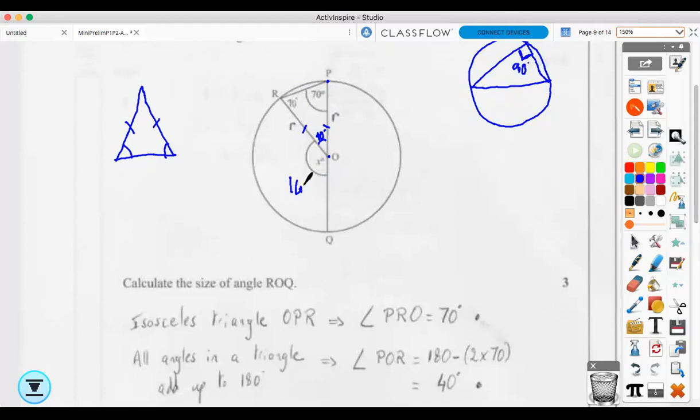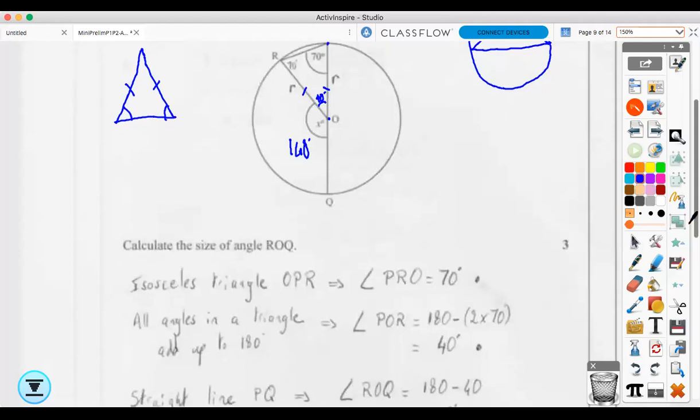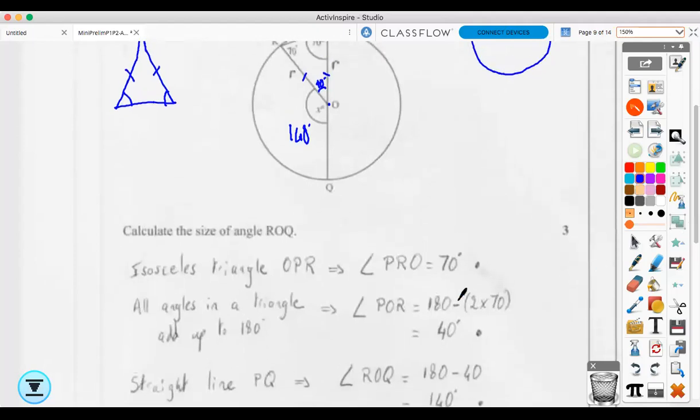So that was the question here. Find this angle, 140. So even if you had the paper and you wrote 70, 40, and 140, you would still get all the marks. Or you can just do what we did there. Isosceles, PRO is 70. All angles in a triangle add up to 180, so 40.